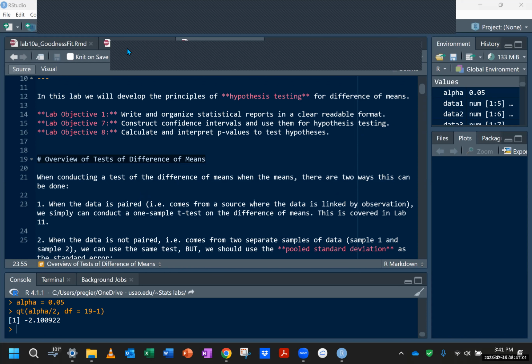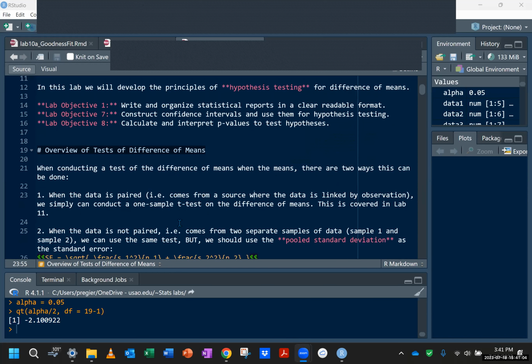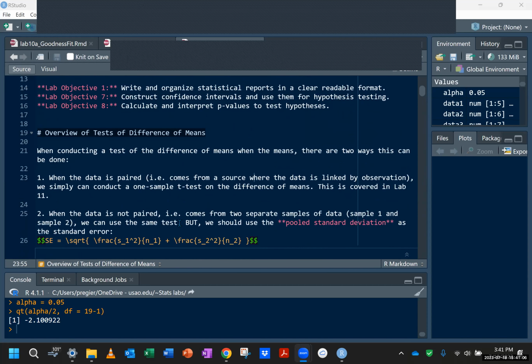So we're looking at the case when our data comes from two different samples, two different pools. In theory, this means we have population 1 and population 2. They might come from the same population, but maybe there was a different treatment on the two groups. So maybe these are the people who received one medication and these are the ones who received a control.